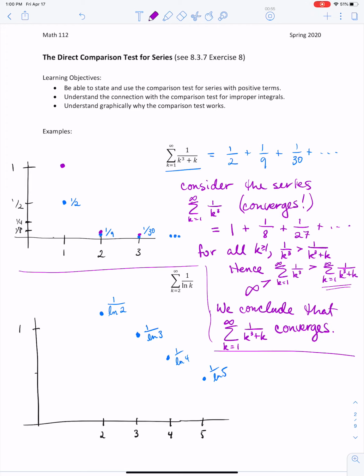Let me review that logic. I'll write it up here.